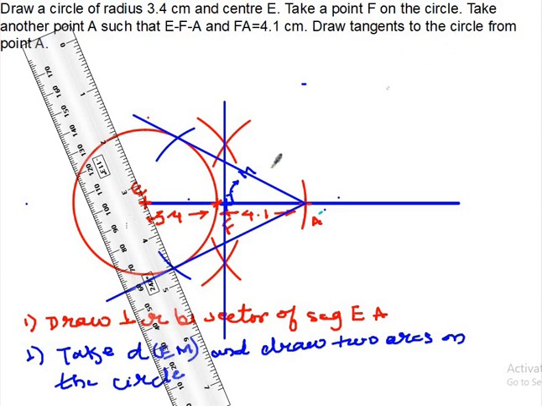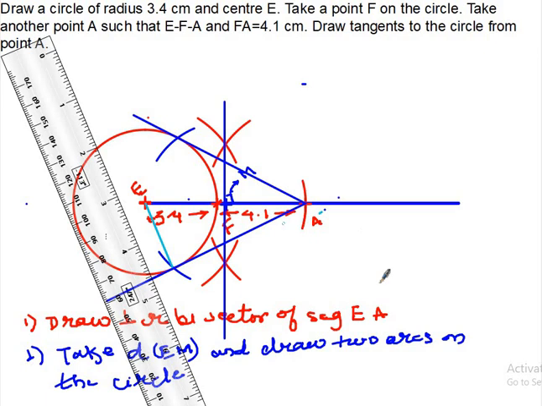You join the center of the circle to the tangent so that you can see that this tangent makes exactly an angle of 90 degrees here.